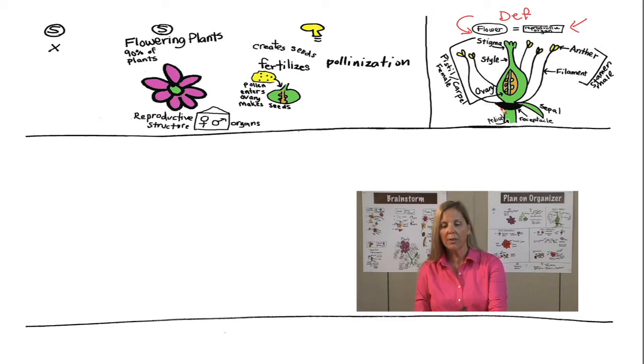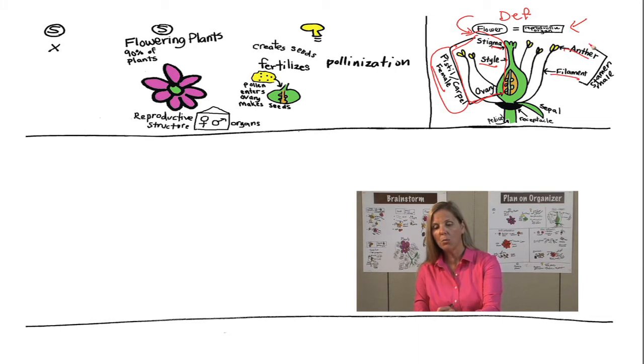Then we drew a flower and labeled any of the important parts that we may be describing. We took these important parts here and we told the function of them, that they were the female parts of the reproductive system. We labeled these parts and then we showed the function of them. They're the male parts of the flower.